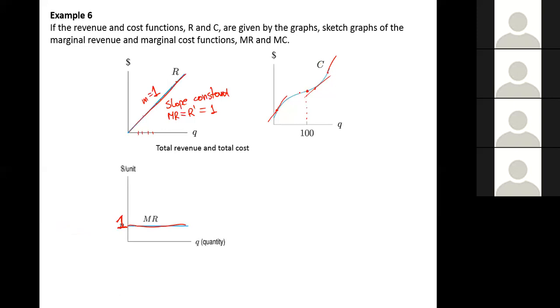This point is where the function is changing concavity, right? Because it's concave down and then concave up.